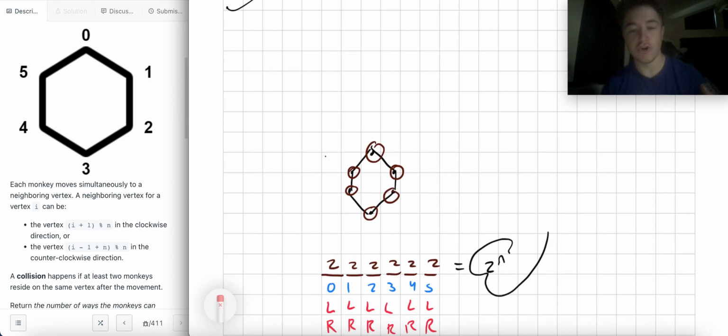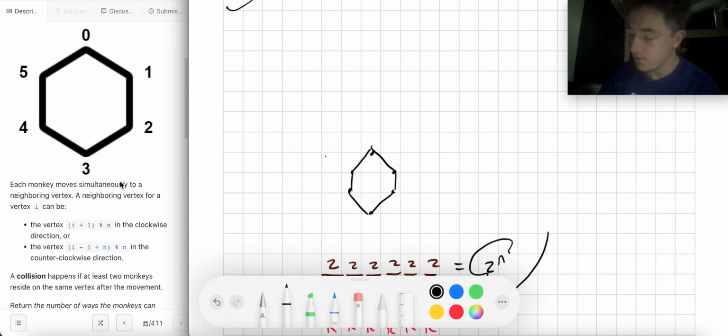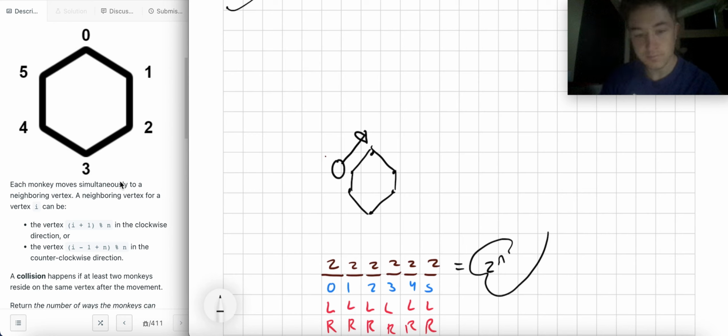a collision occurs if essentially these things run into each other. And what I mean by that is, how can we make this so that the monkeys don't run into each other? If this monkey decides to go this way, and the monkey that's on this node decides to go this way, they're going to hit each other.